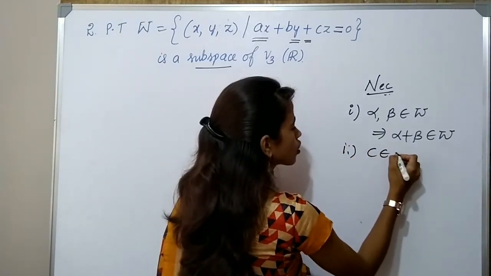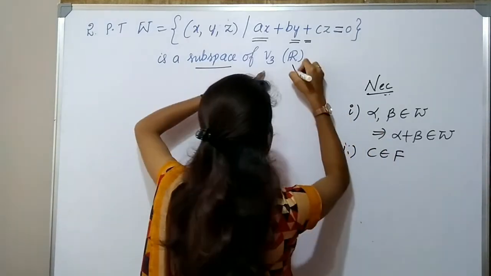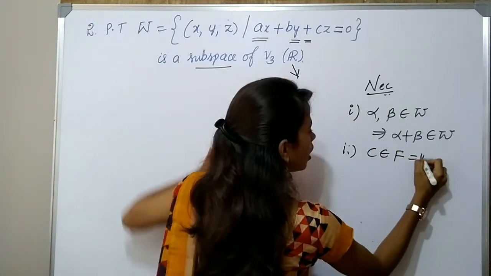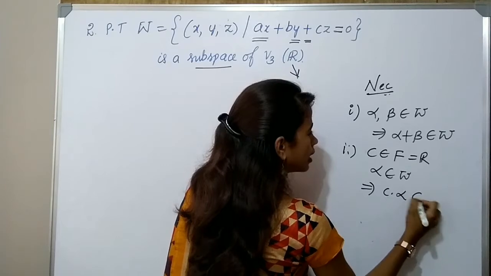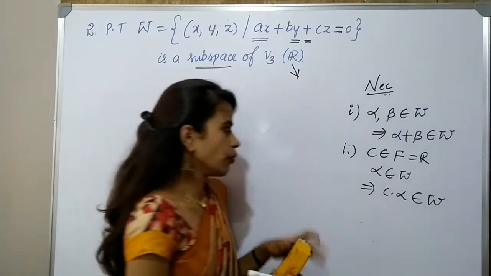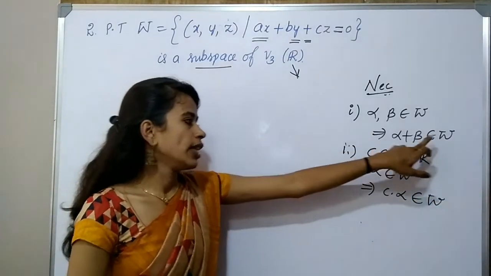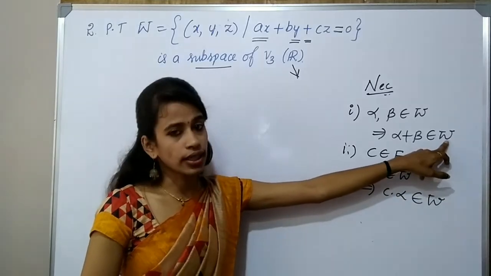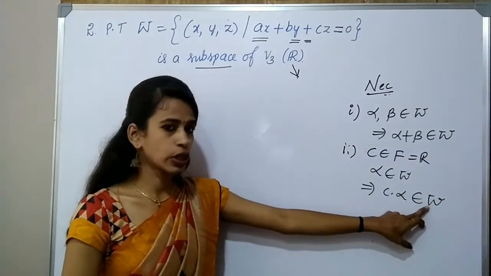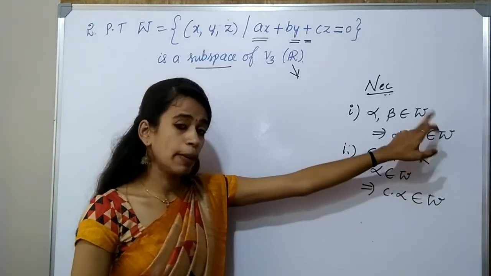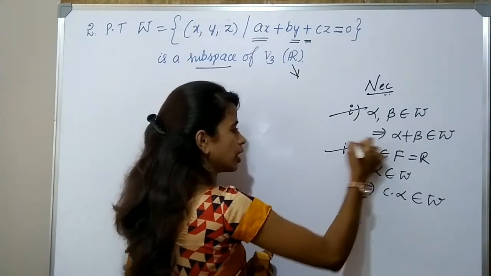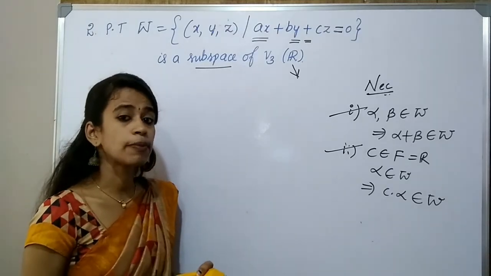If I take c belongs to the field F, here the field is the real numbers, and alpha belongs to W, check c·alpha, that is scalar multiplication. So we check whether W is closed under vector addition and scalar multiplication. If W satisfies these two conditions, then W becomes a subspace.